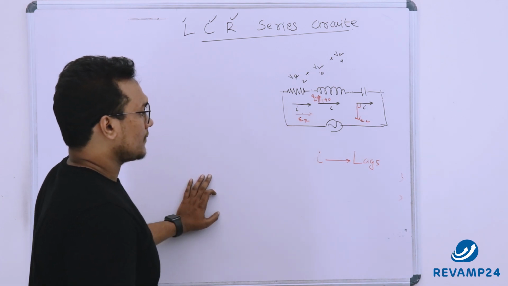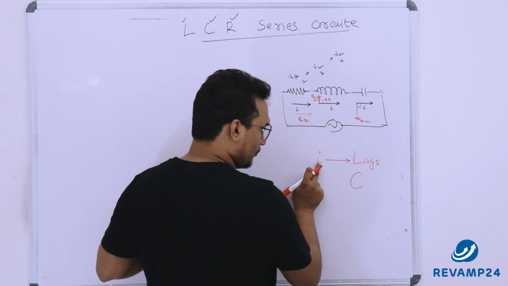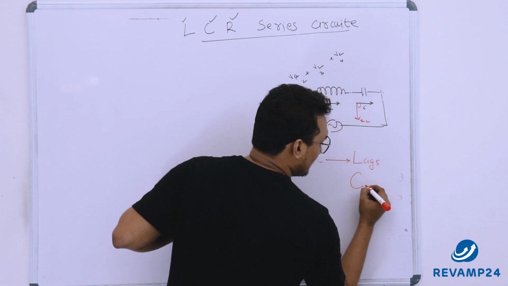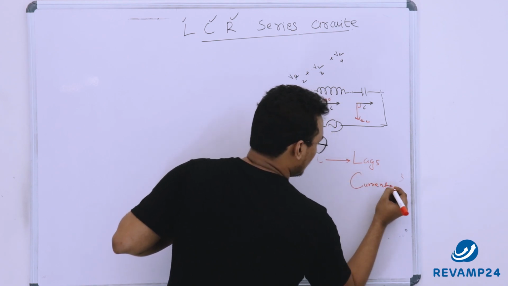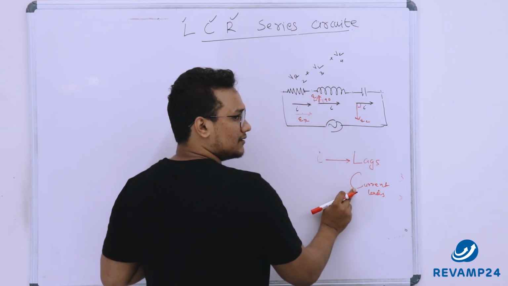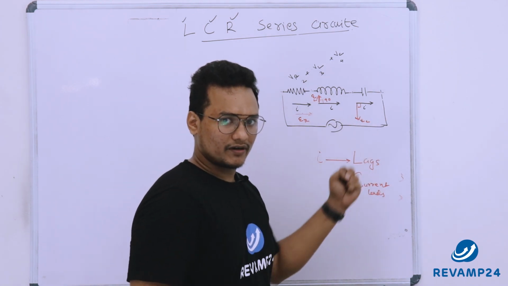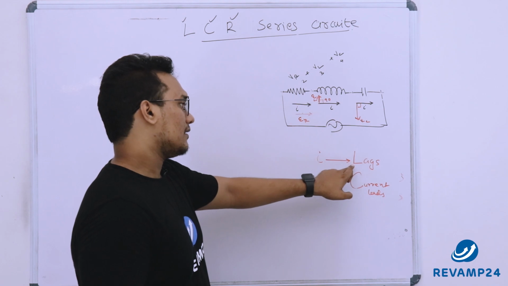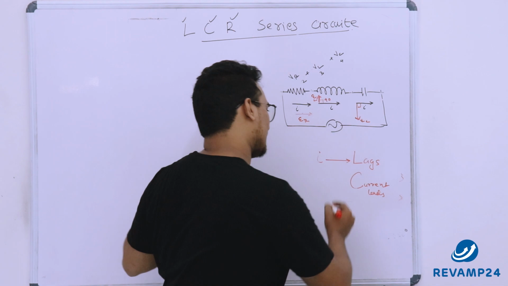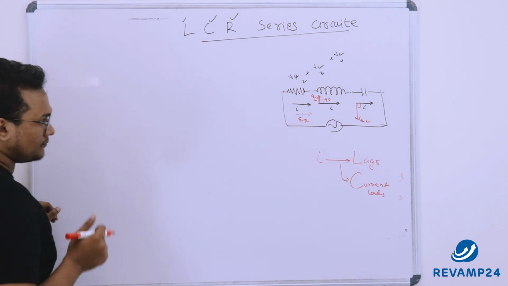The capacitor is represented as C, and C gives priority to current because current starts with the letter C. So in a capacitor, current leads. We are only speaking about current here, so there is no confusion.